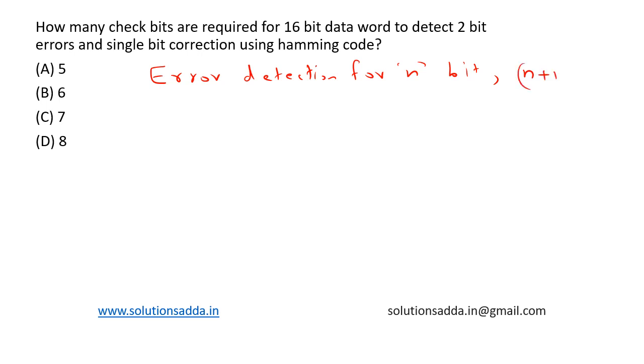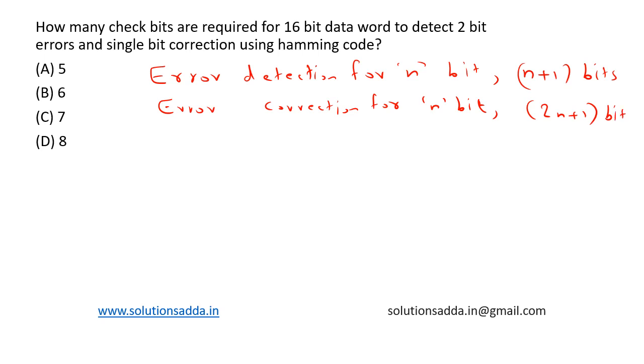And for error correction for n bit, we require 2n plus 1 bits. So first let's see for the error detection. We have to do 2-bit error detection. So we require 3 bits.